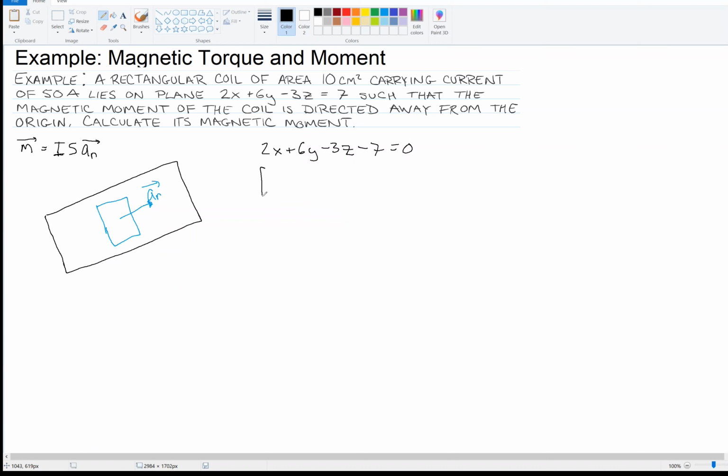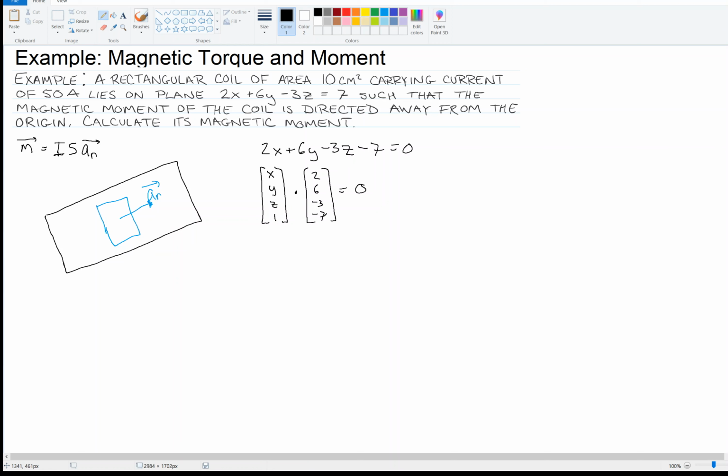I'm going to show you that we can arrange this like a vector, x, y, z, 1, dotted with 2, 6, negative 3, negative 7 equals 0. So you agree with me there. If you do the dot product of those two vectors, you get 2 times x plus 6 times y plus minus 3 times z plus minus 7 times 1 equals 0, and that's the equation of our plane.